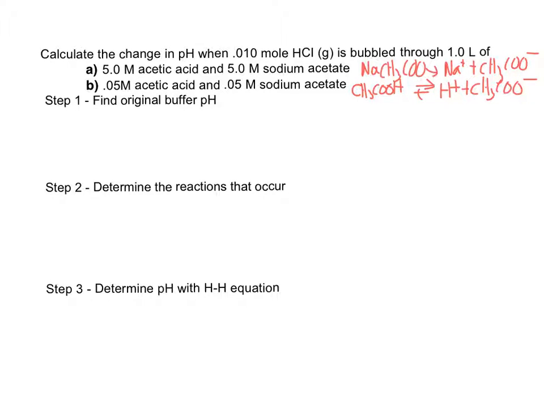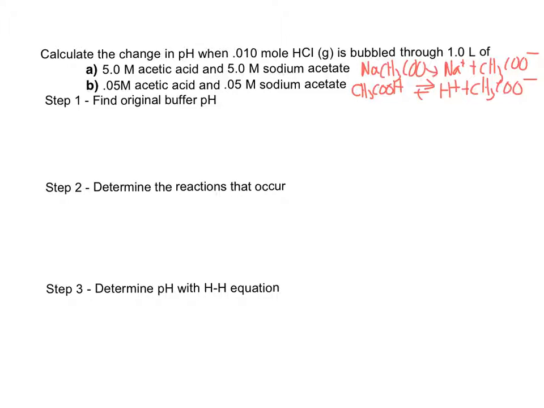Alright. And if I want the pH of this buffer, I have two options. I could either do an ice chart for my acid dissociation here, plug it into the K expression, find my X and all that stuff, or I could use the Henderson-Hasselbalch. So I'm going to go ahead and use the Henderson-Hasselbalch.